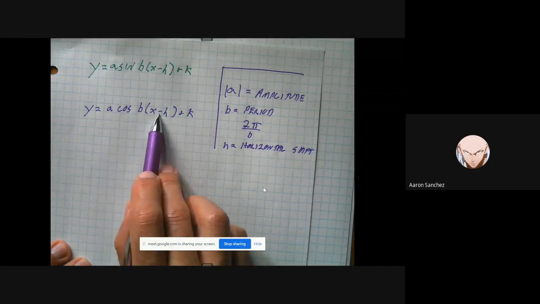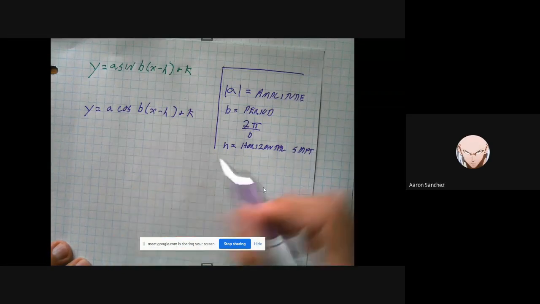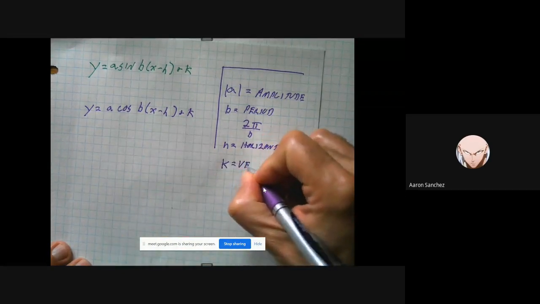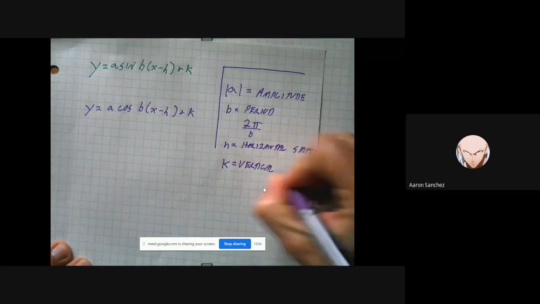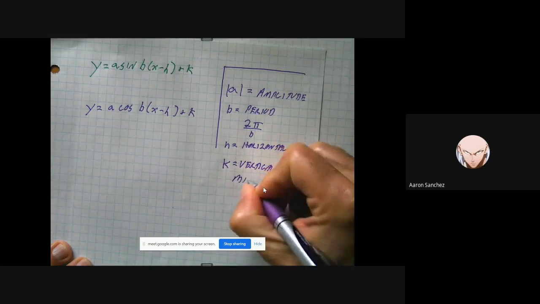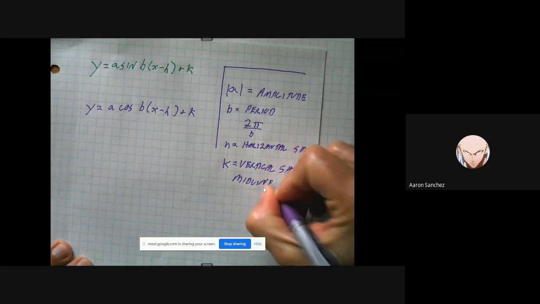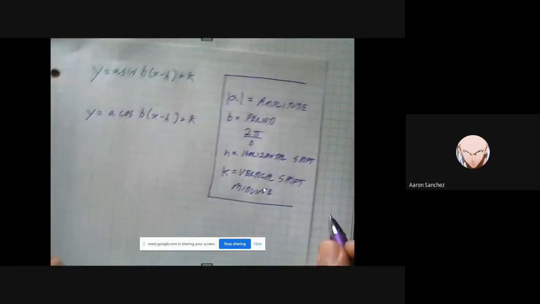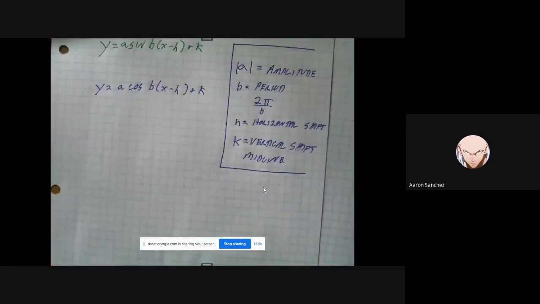If it's a negative, you shift in the positive direction, just like we did before on our other functions. And then k is my vertical shift. And then we shift the midline. The midline is the middle part. I'll let you write all that down.